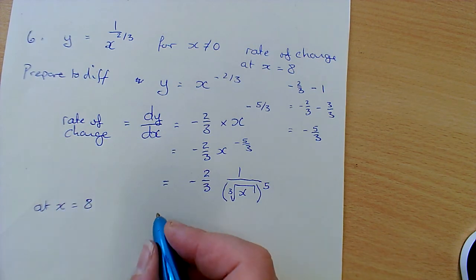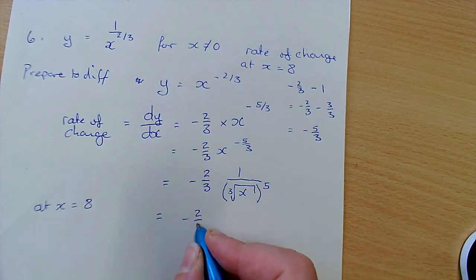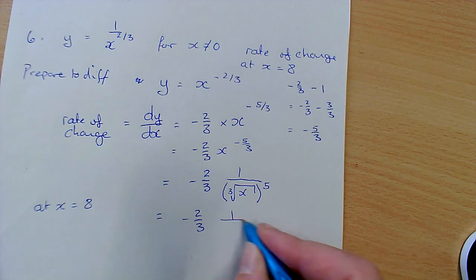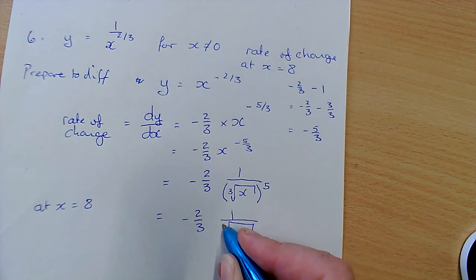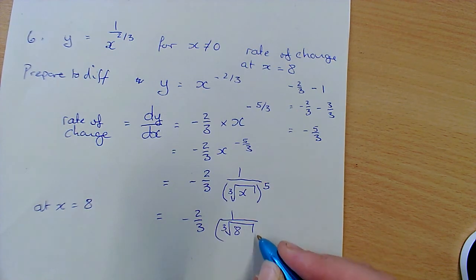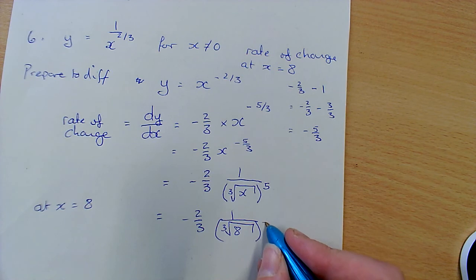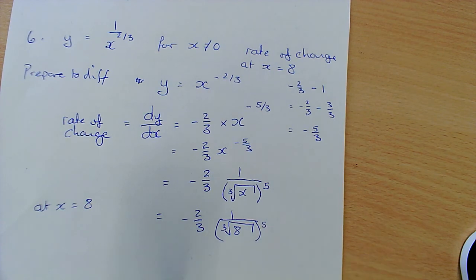So now we can substitute at x equals 8. And that becomes minus 2/3 times 1 over cube root of 8 to the power 5. And remember, when you're doing the cube root, you're asking yourself, what times by itself 3 times would give me 8? So that is 2. So it's now 1 over 2 to the power of 5, which is just 2 times 2 times 2 times 2 times 2, 5 times, which is 32.